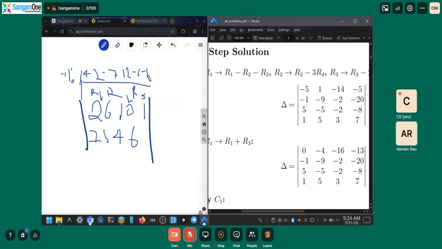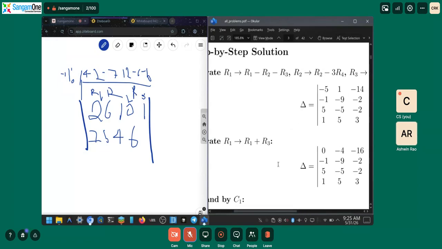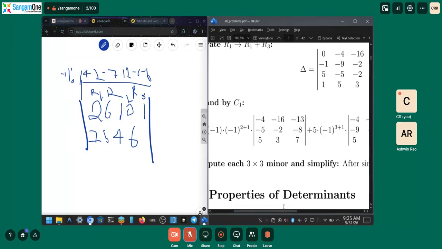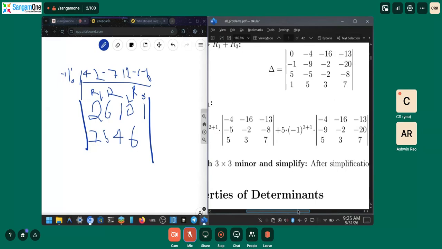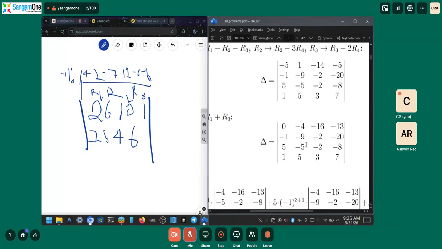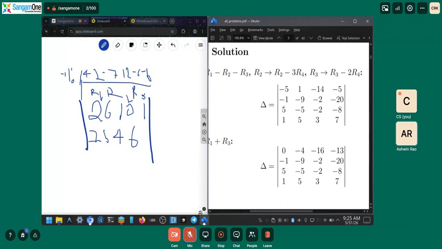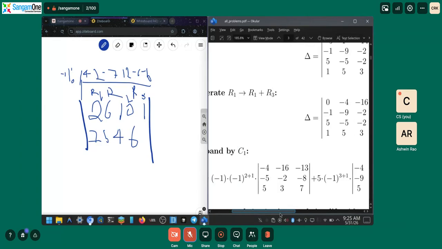Similarly, go for second row operation, which corresponds to R2 minus 3 R4. You can apply n number of row operations, but the last outcome is we have to control it to this form. Basically, to solve easily, we have to obtain this form.